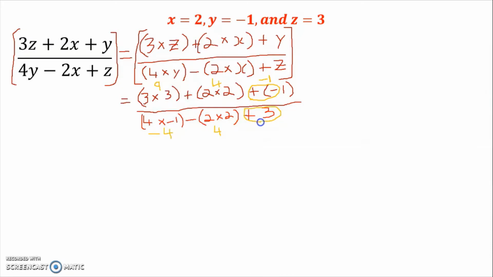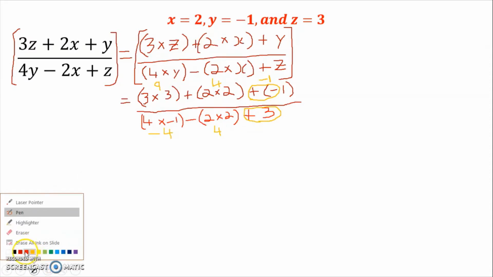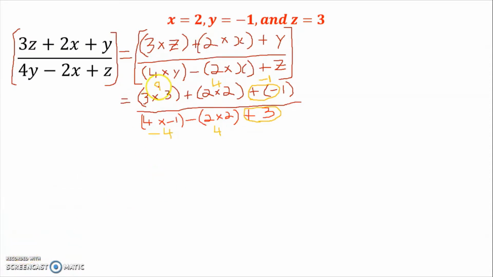So let's go ahead and fill in that information. We get 9, plus 4, and then minus 1. We bring down the minus 1.